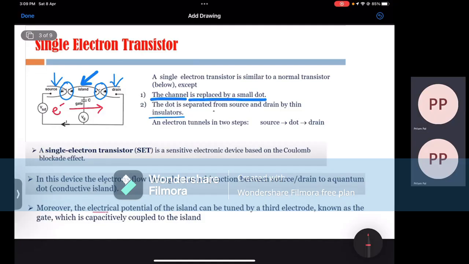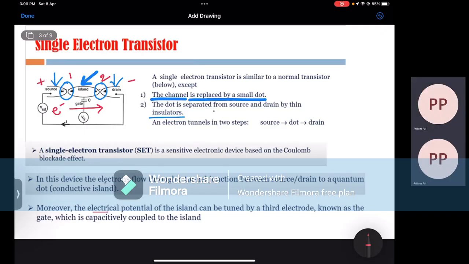So tunneling will take place at two junctions. One is here, another one is there. One junction is source to island, and the second junction is island to the drain. This part you can consider as the positive side, and this is kind of negative.